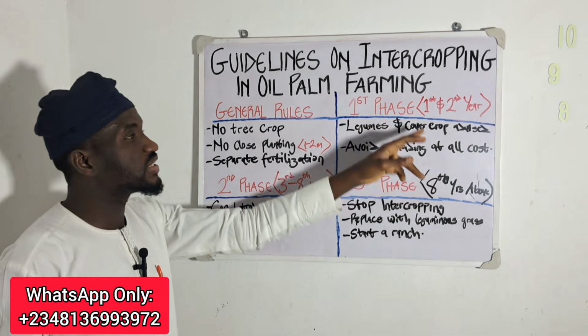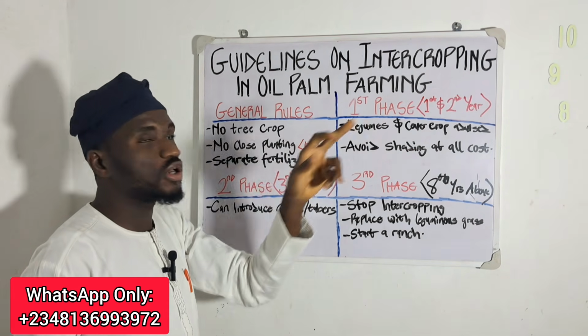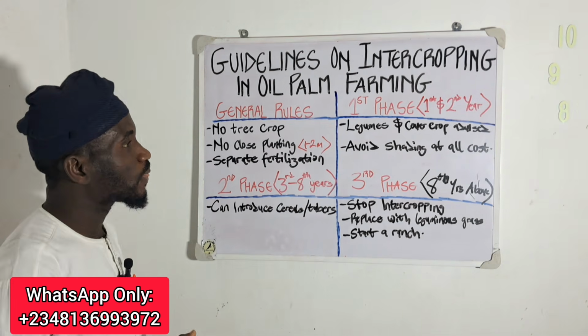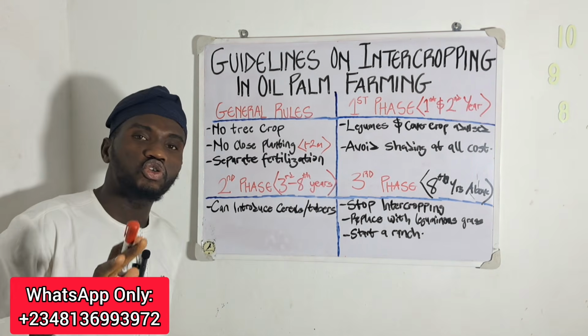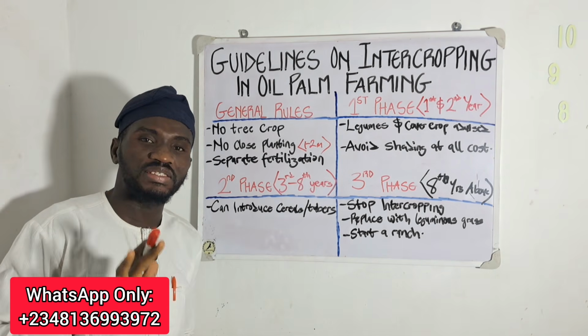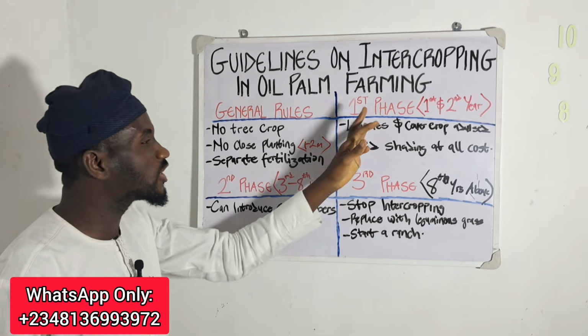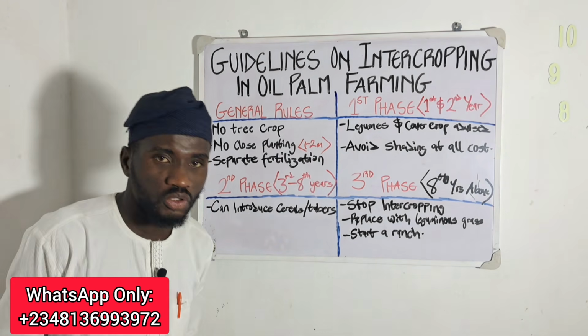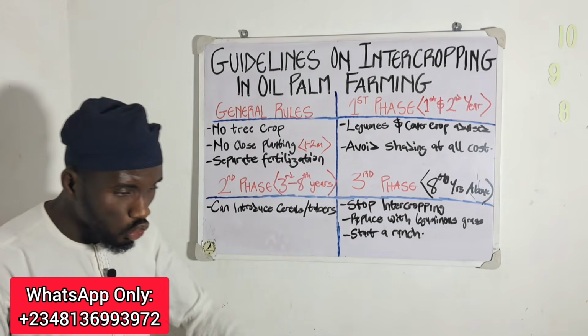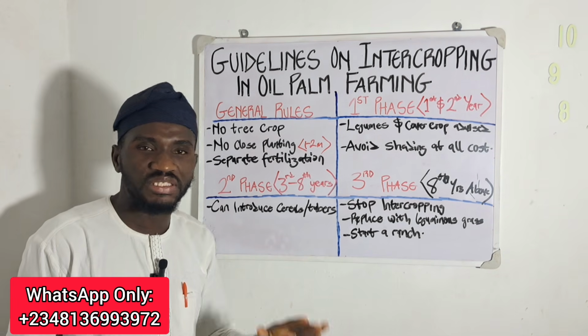So the first phase is the first year and the second year of your oil palm plantation. And at this stage, what is usually advised is that you try as much as possible to plant legumes or cover crops or crops that will not grow taller than 1 meter.